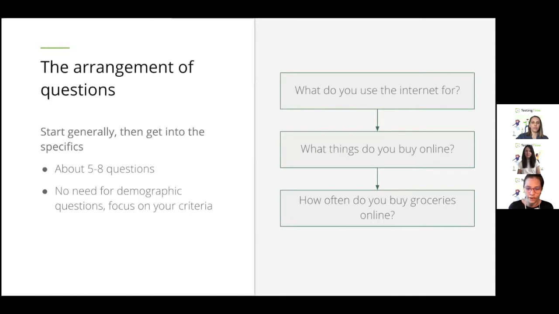So if you take our example criteria, I would want to know first if they buy online at all. Second, what they buy online.